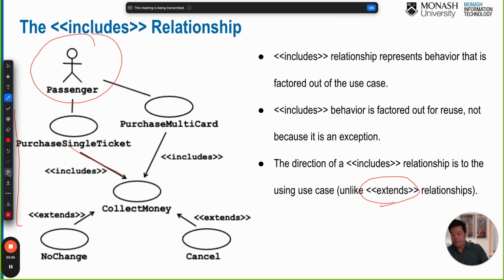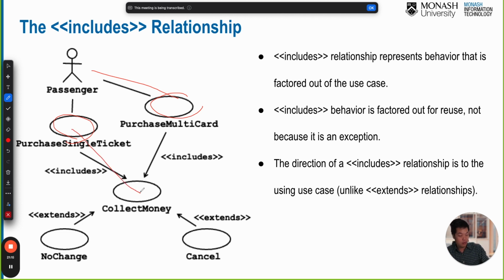For example here, the passenger first needs to purchase a multiple ticket or a single ticket. Once they purchase a single or multiple ticket, the next step is to collect the money. This is a follow-up, the next step use case after the base use case.